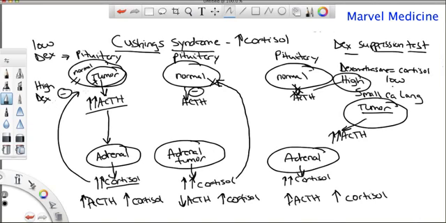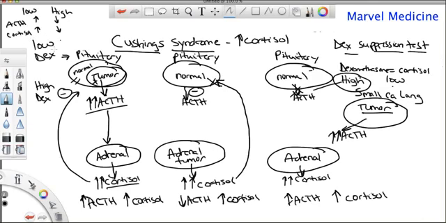So what they'll give you is maybe a table, and they'll say, okay, low dose dexamethasone. What happened? ACTH and cortisol: high and high. Now they gave a high dose dexamethasone. What happened? ACTH decreased and cortisol decreased, okay?